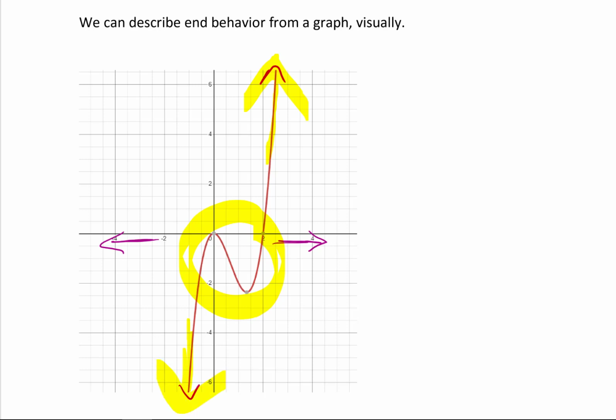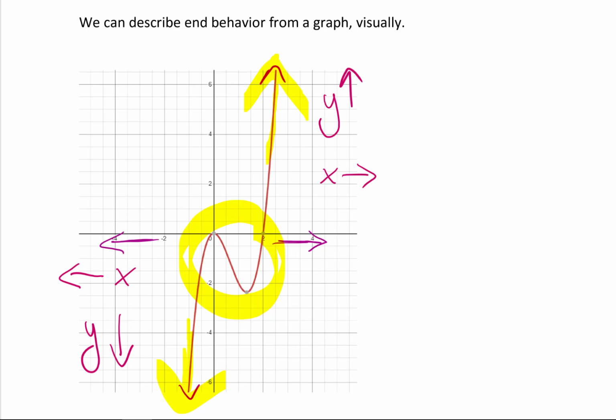So on the right hand side of the graph, you'll notice that the y values are going up as the x values get larger. On the left hand side of the graph, as the x values get smaller, the y values are going down. So how do we describe that?